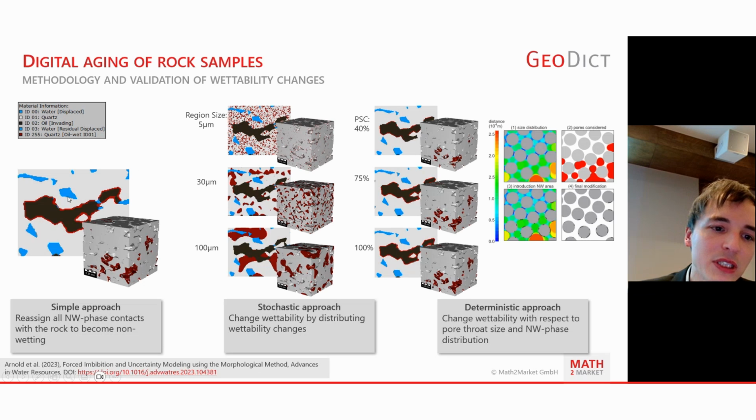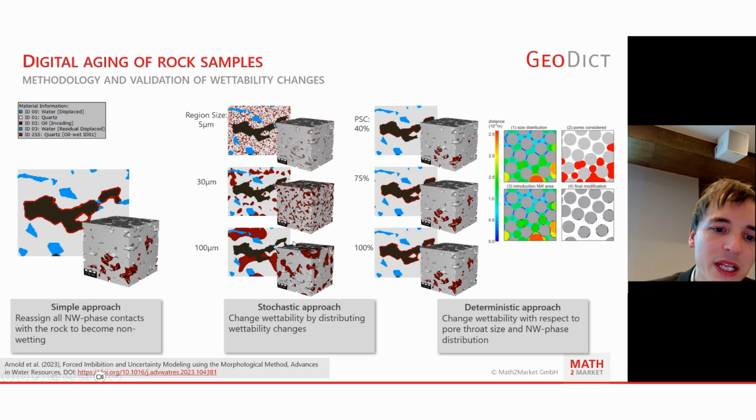And there's also a very simple approach where you consider the pores or the grain surfaces to become oil wet as soon as oil touches these surfaces. That is why we call it the simple approach, because the algorithm is quite simple. For the stochastic approach, we are using a Gaussian random field to distribute different contact angles within the pore space environment.